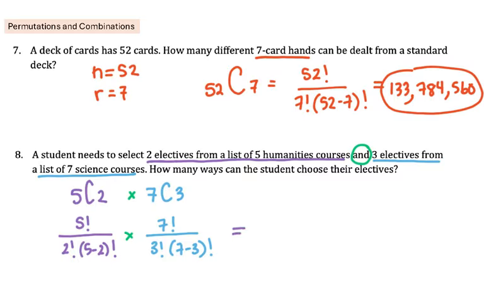Let's see what it is. Well, it turns out 5 choose 2 is 10, and 7 choose 3 is 35. And so if we're going to do both of those things, we combine them by and we multiply, and we get there's 350 total ways to make those selections.